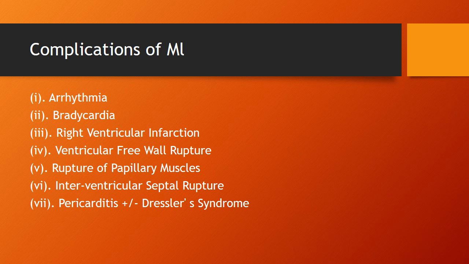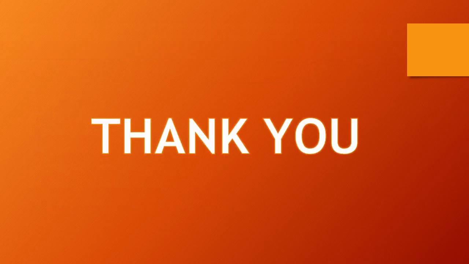So remember, in simple pericarditis, you will avoid NSAIDs and steroids because of the risk of ventricular aneurysm and myocardial rupture. However, in Dressler syndrome, which is an autoimmune pericarditis, you will give NSAIDs and steroids as an alternative option to aspirin. So that's the end of the lecture.